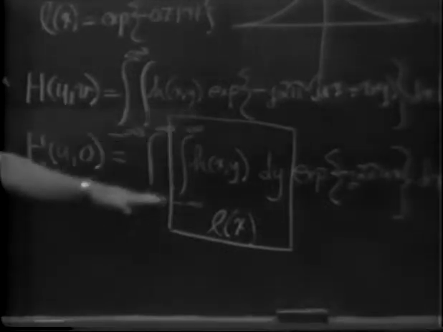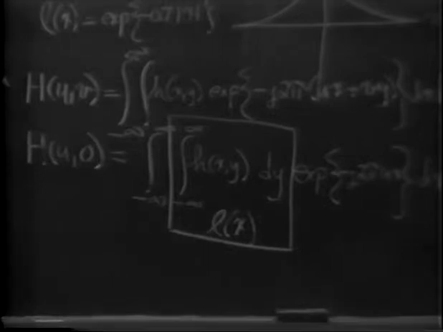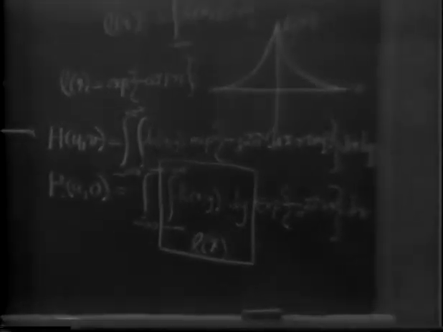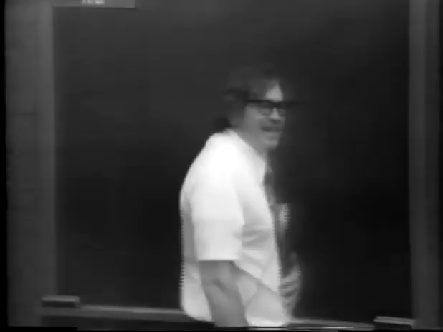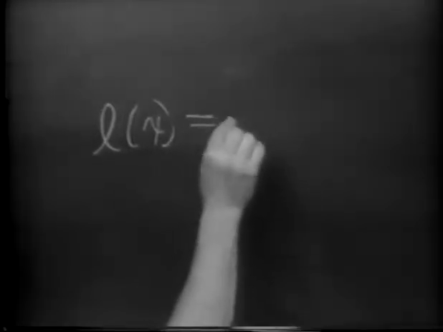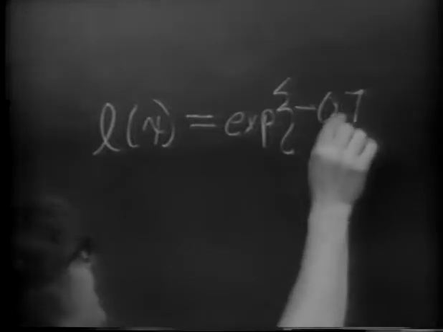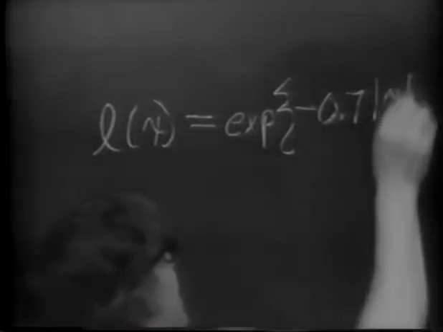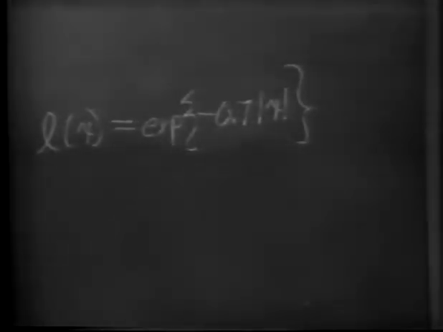So let's do that for our example of this line spread function of the eye, where we're assuming it's circularly symmetric. Let me slip over to another board and do this again. So we have the line spread function of the eye was exp to minus 0.7 times the absolute value of x, for x from minus infinity to infinity.